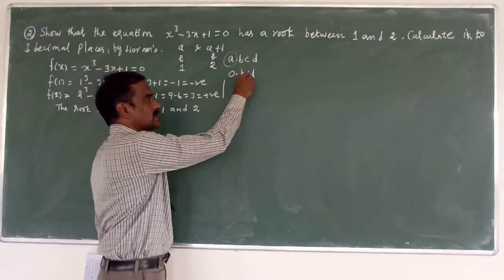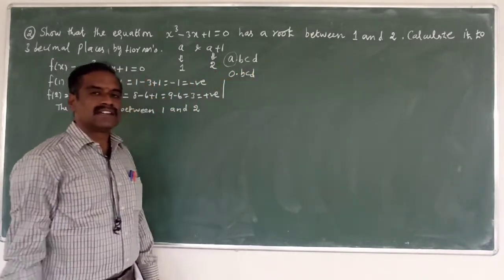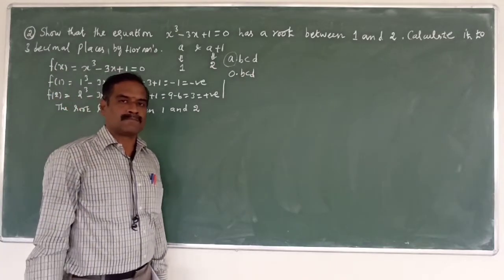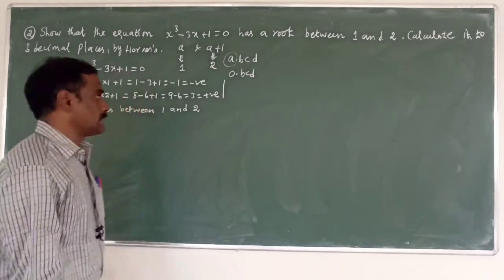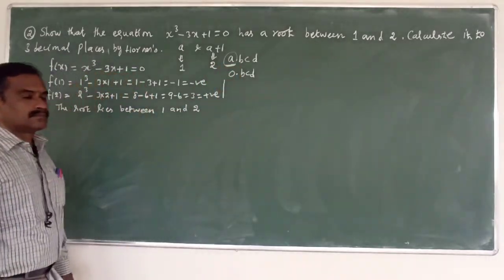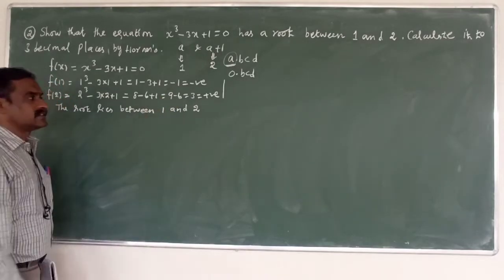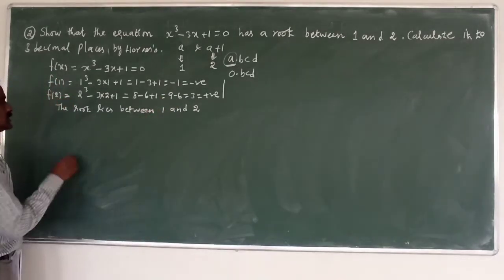Now to find out the 3 decimal places value, that is b value, c value, d value, multiply by 10. First we have to diminish the a value. For that we take 1, the negative value.